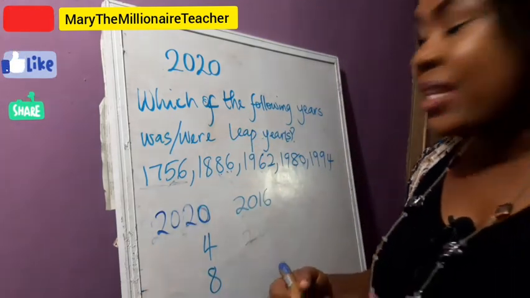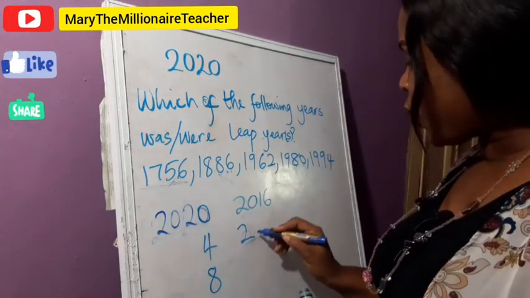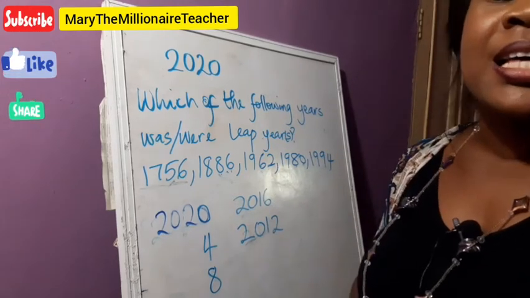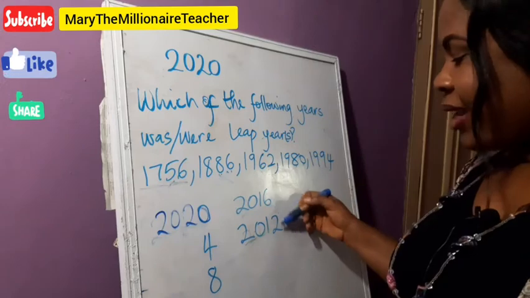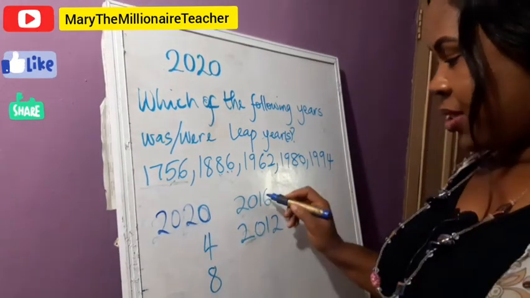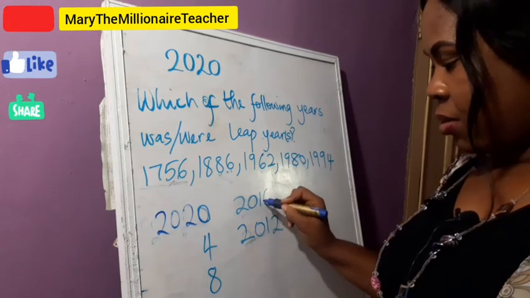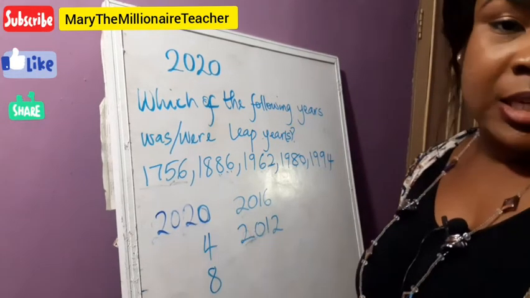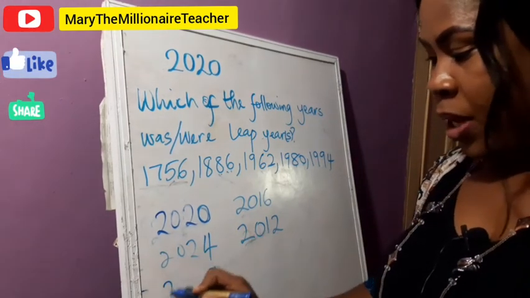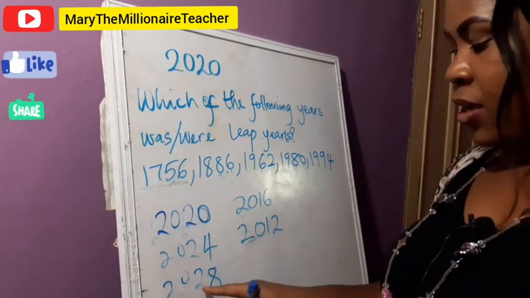Backwards again, 4 years backwards, we'll have 2012. They are all ending in even numbers. But you can see that the third digit here is an odd number, but here it is an even number. 2024, even number. 2028, even number.